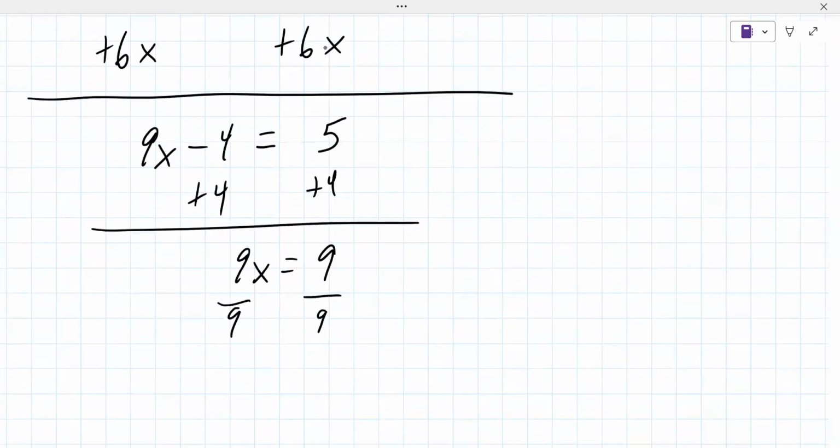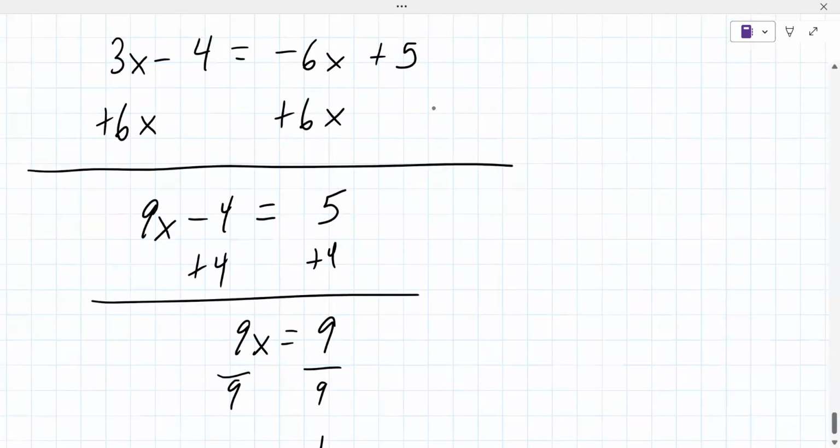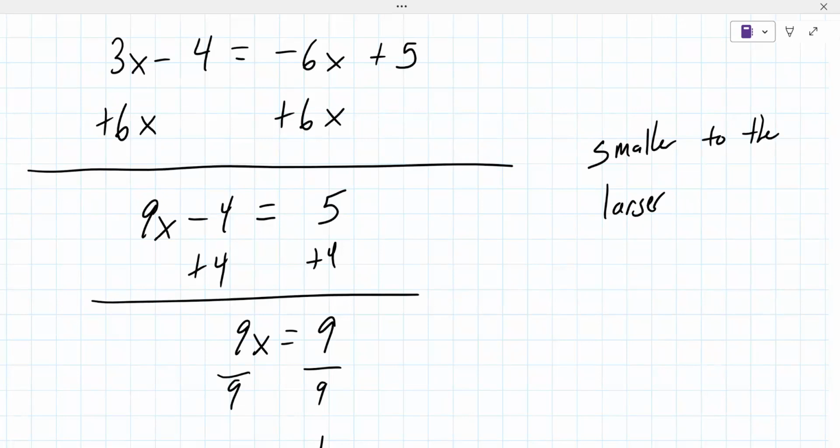Divide by 9, x equals 1. You move, and this is important, from the smaller to the larger. Always smaller to the larger. The -6x is smaller. I know maybe we had some discussions about which is smaller, which is larger. It is always the smaller to the larger. So -6x, add 6x to the other side.